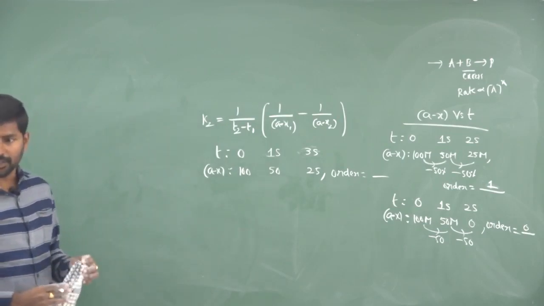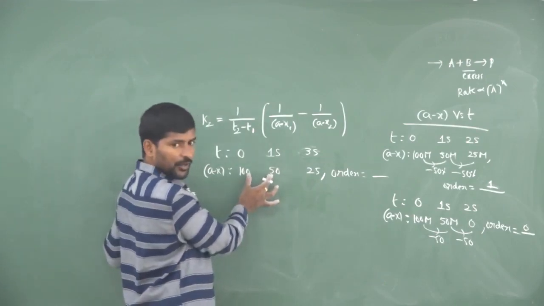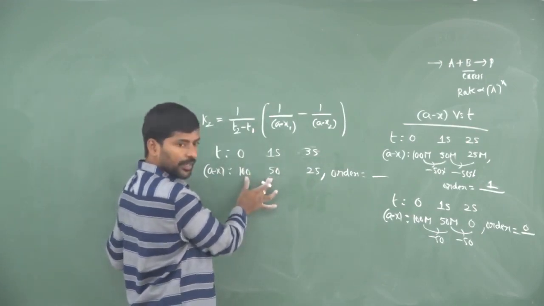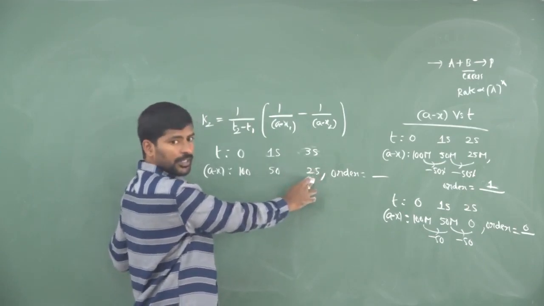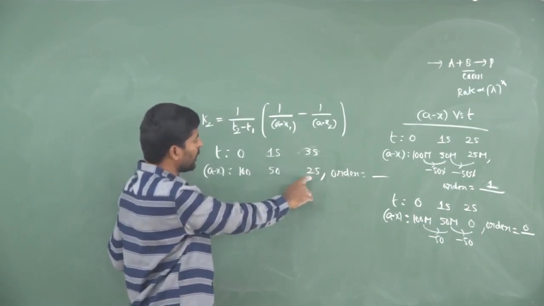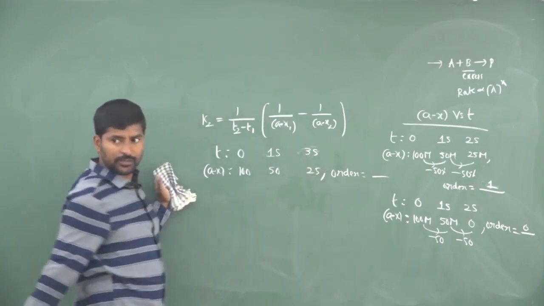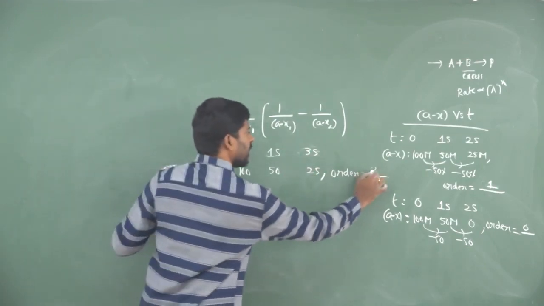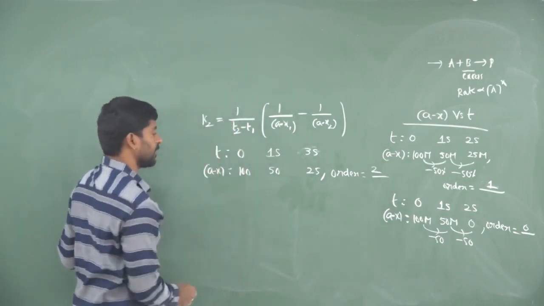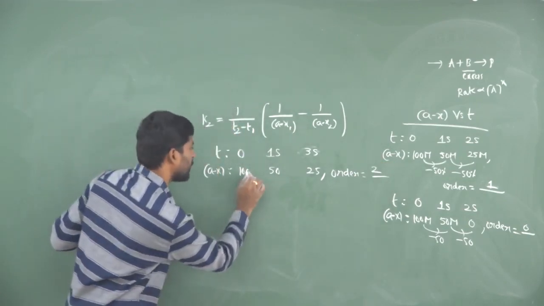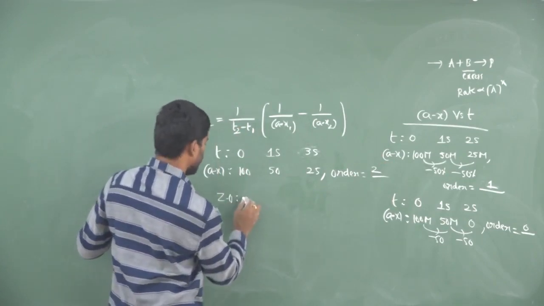What is the order of the reaction? Second order. What is the half-life here? 1 second. Within 1 second, 50% of the reaction is completed. 25 remained means how much completed? 75%. To complete 75%, how many half-lives are required? 3 half-lives are required. So that is a second order reaction. Otherwise, we have to verify by using this equation. For example, if it is 0 order, what do we have to get?